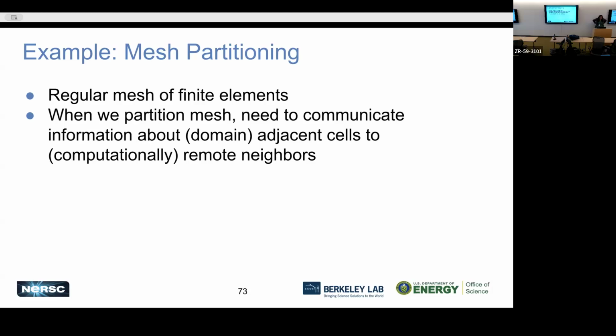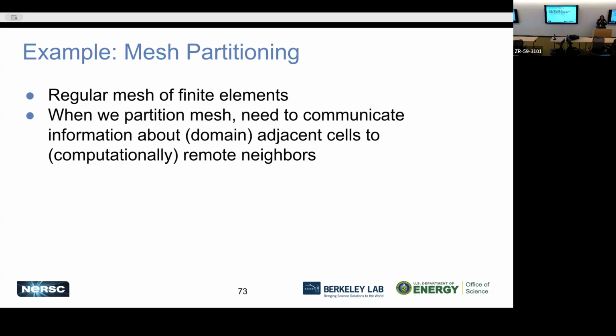What we do is we break up the mesh that represents our domain that we're solving over into pieces, and a lot of times the value of the function, like the potential energy, at a particular point is a function of the value of the potential energy at a bunch of points, the ones that are all around it.